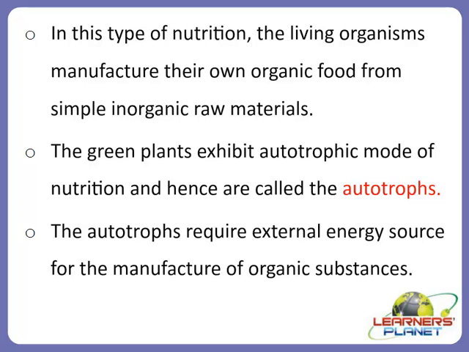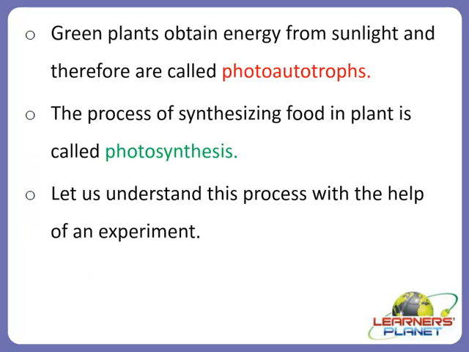So let us see what are these organic substances which are made by the green plants. The green plants which obtain energy from sunlight are therefore termed as photoautotrophs. Photo means light, and green plants obtain light from the sun.